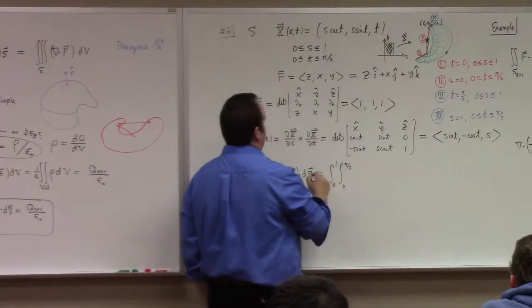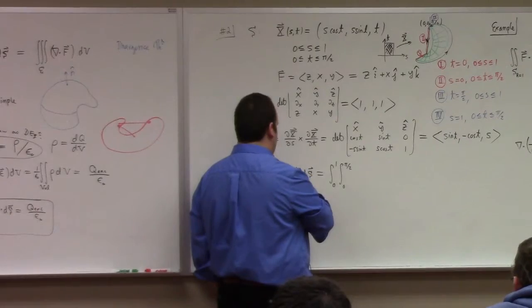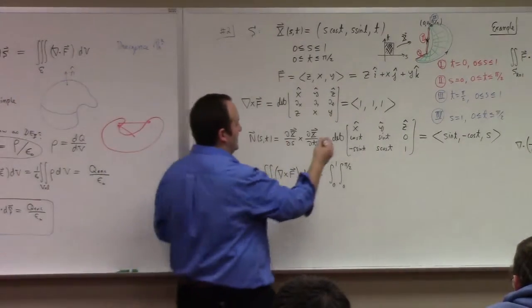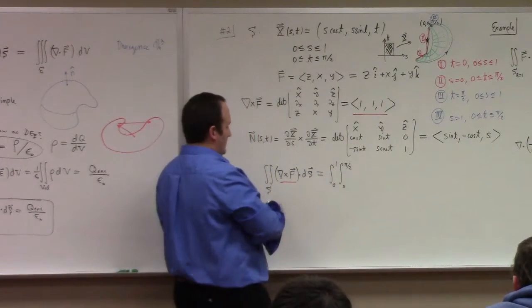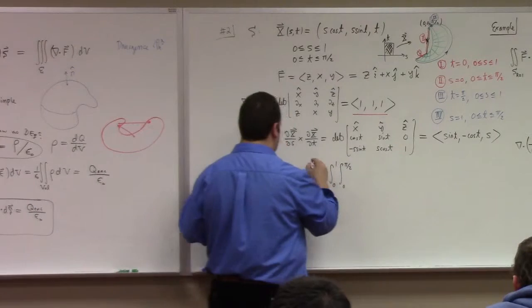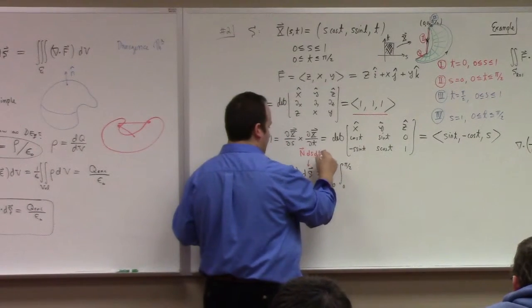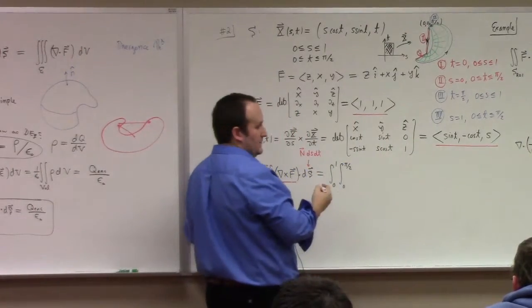The curl of f was just 1, 1, 1, right? If you don't mind, I'm just going to go ahead and take this dot product. Here's the curl of f, dS is n dS dt, and here's the n right there.